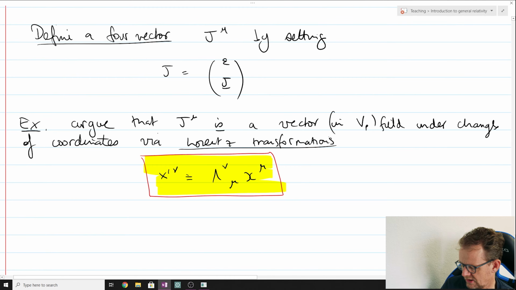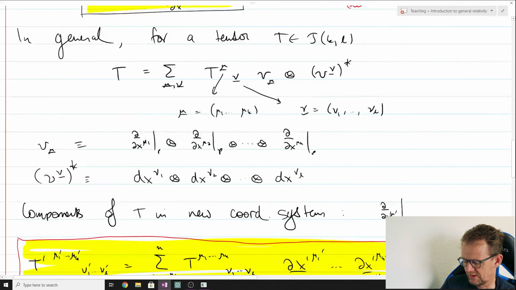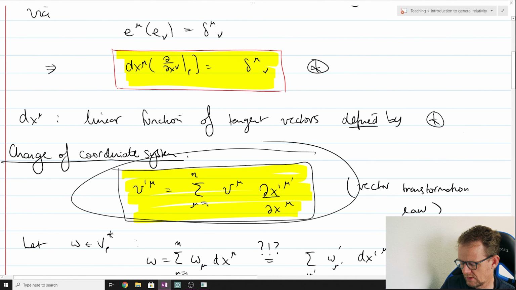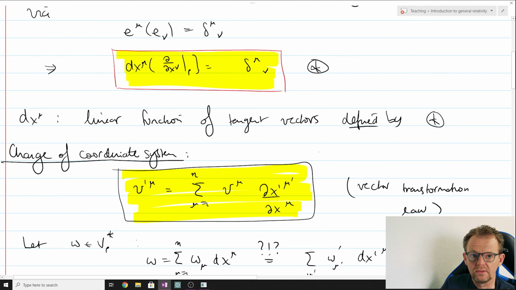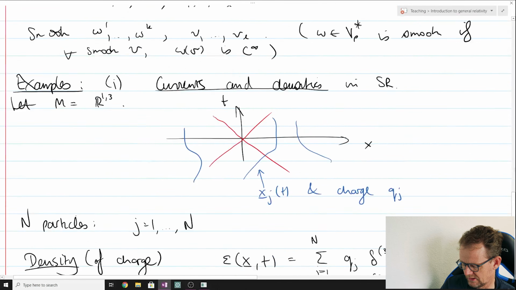So when you make changes of coordinates according to a Lorentz transformation, you can study how this vector j mu transforms. And you know how it should transform if it's to be interpreted as a vector field. It should transform exactly like this equation here, the vector transformation law. So you've got to check that that's actually the case for this quantity called the current, or the 4 current in this case.